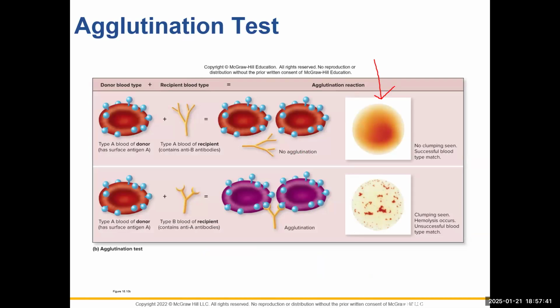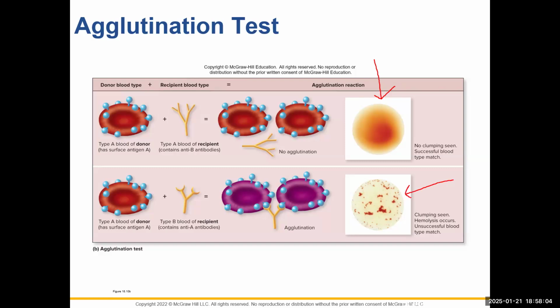We can actually donate blood to this individual. But if you mix the two blood samples together and you get this, that is clumping. That is hemolysis. It is not a good match. Do not allow the donation of blood from that individual, and vice versa.